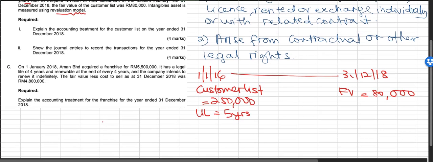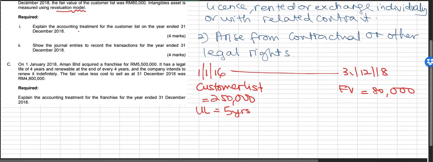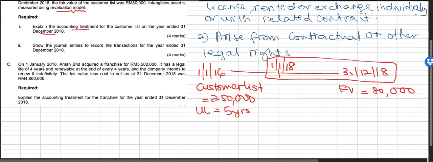The question asks to explain the accounting treatment for the year ended 31st December 18, so you need to explain about the customer list from 1st January 18 until 31st December 18.